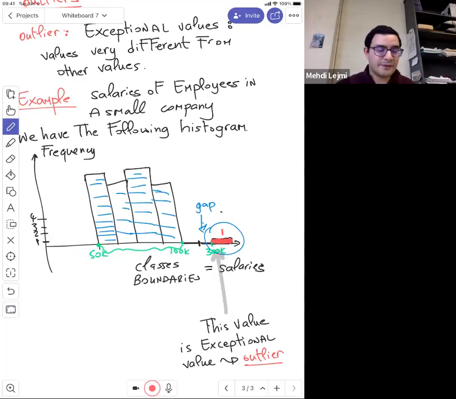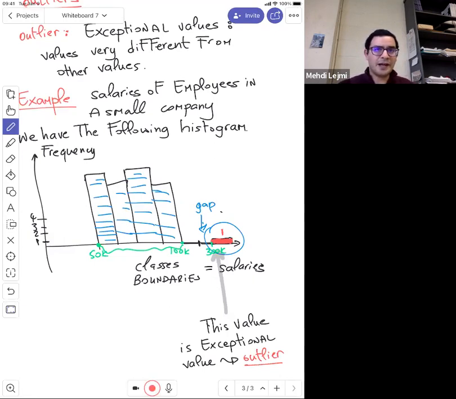But then there's a gap, and then there's the salary of the owner or the CEO. So the salary of the CEO or the owner is an exceptional value. That's what I call an outlier.